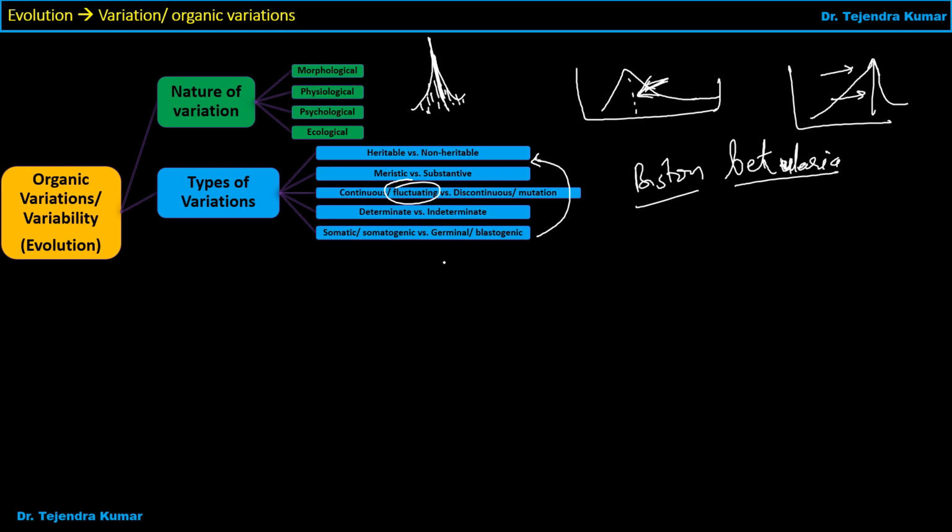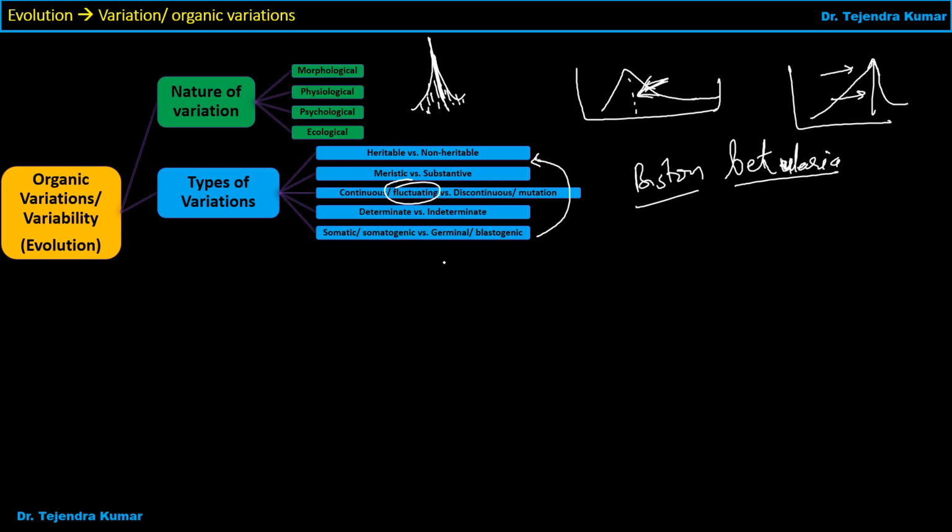In case of the germinal, we can take some examples, like the supernumerary digits in man, which is generally seen, like 6 instead of 5. And sometimes those who have blonde color in their parents, their progeny again show blonde hair.